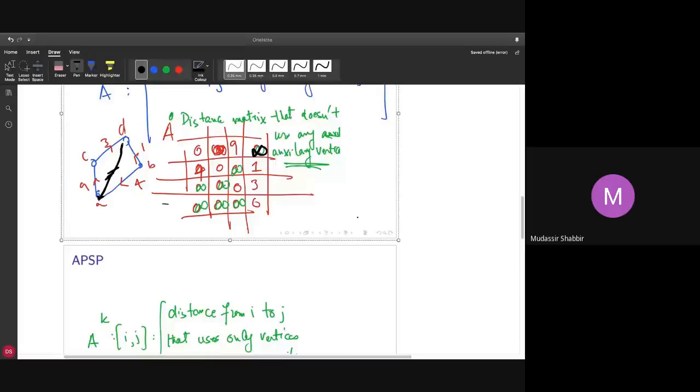This is my goal. I'm looking for A of ij n, where ij is the distance from i to j, but it's allowed to use all n vertices.